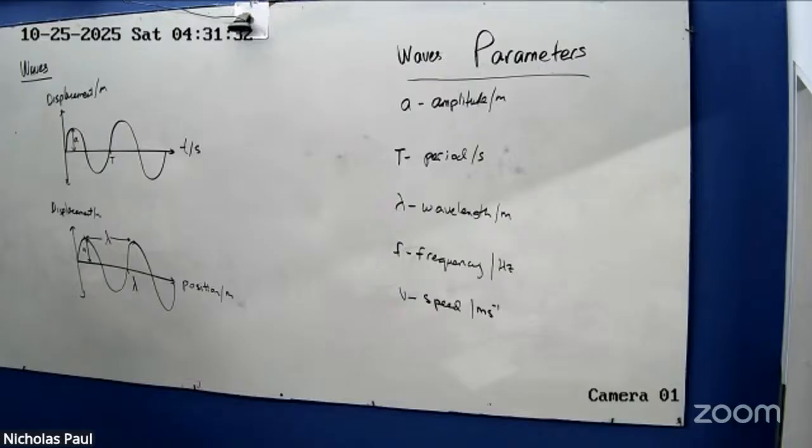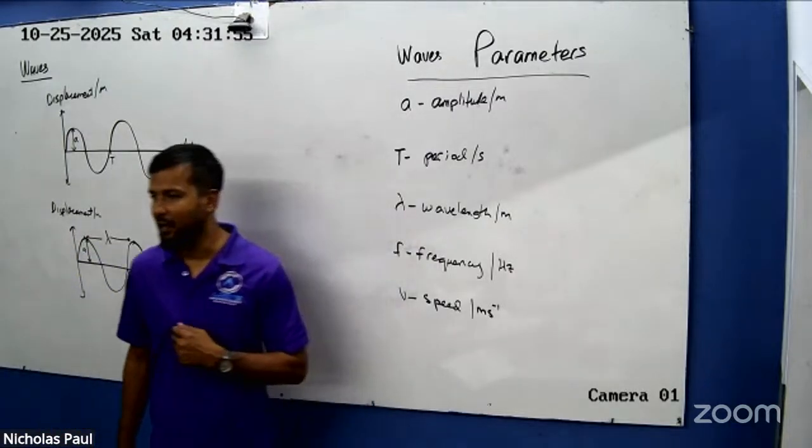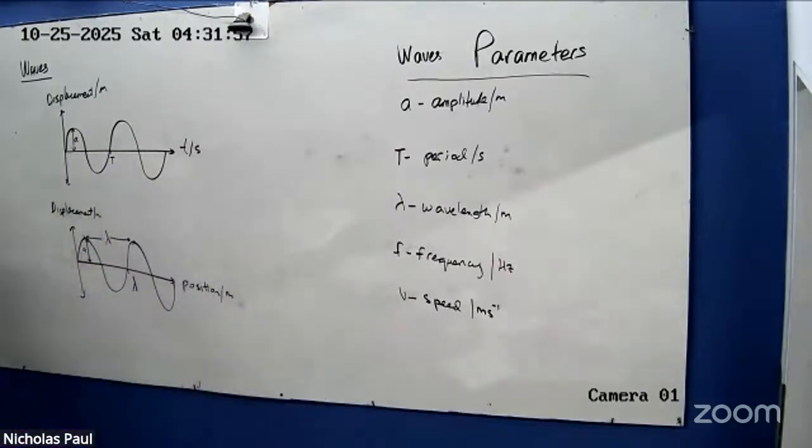Period: time for one cycle. Wavelength: length of one cycle.